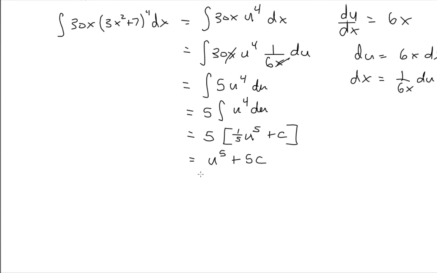So now I can replace the u with 3x squared plus 7, to the power of 5 because u here was to the power of 5. And then this constant here is the number 5 times some arbitrary constant. Of course, that just gives me some other arbitrary constant. I can call it d. Again, many textbooks call this c. They just leave it as c. But just for clarity, I'm going to rename it some other constant. I'm going to call it d. And this is our final answer.